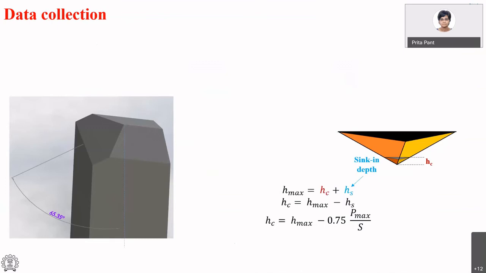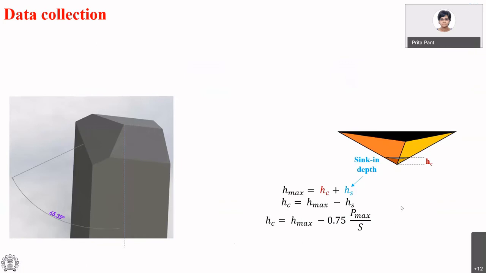So my first job is to separate this H, and if I could subtract this HS, I have my HC. And then I need to figure out the cross-sectional area if I could first figure out this contact depth.